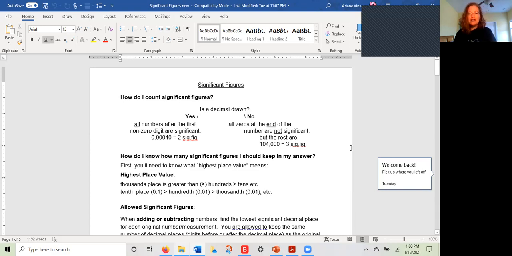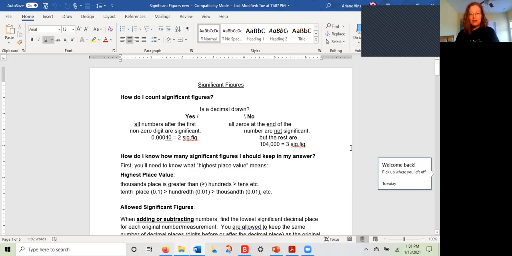How do you know how many significant figures you should keep in your answers after doing calculations? First, you're going to need to know what highest place value means. The thousands place is greater than the hundreds place, which is greater than the tens place.